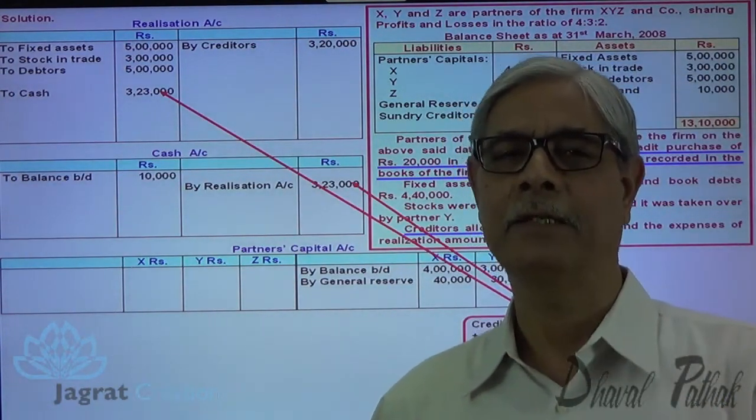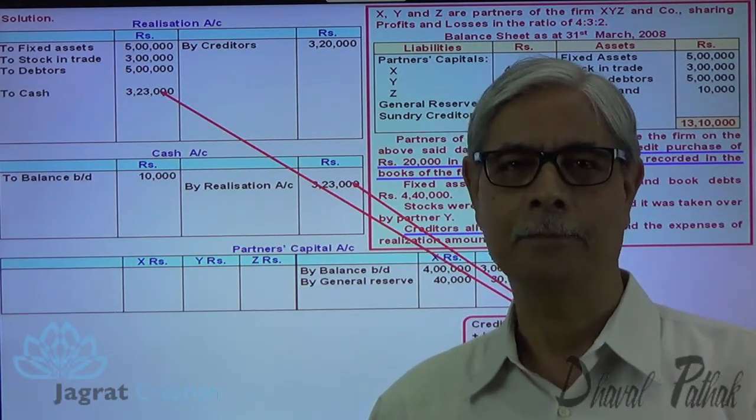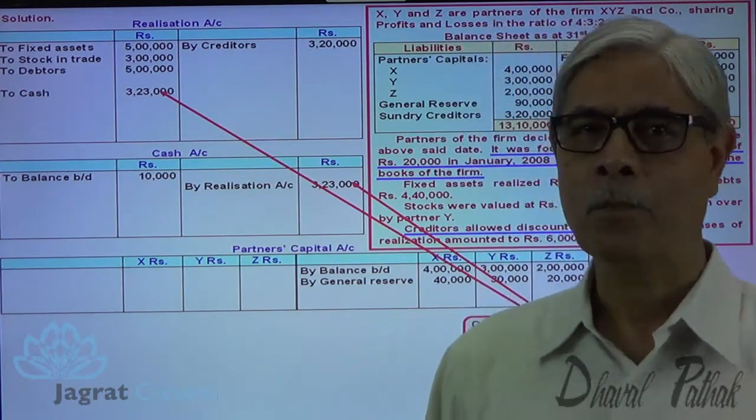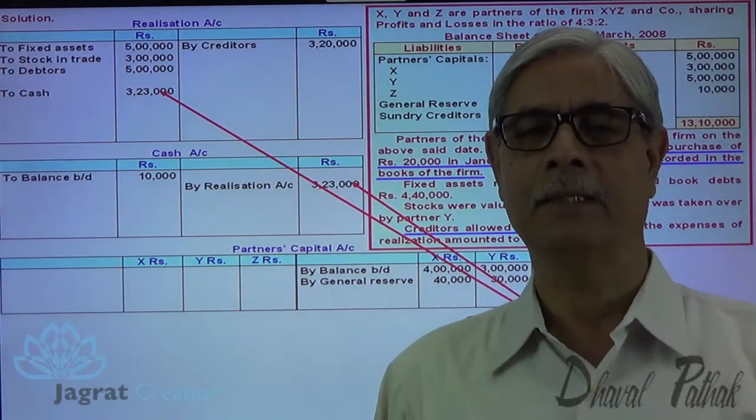Now remember one thing. This adjustment is treated as unrecorded liability, unrecorded creditors. And after deducting the discount, the payment is made that is apparent in the sum.